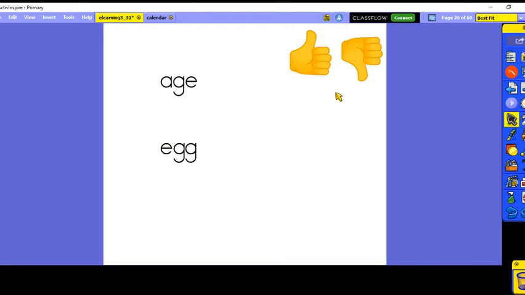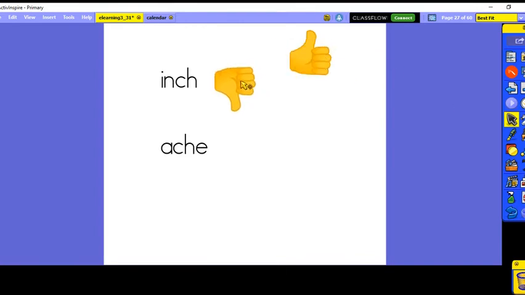Listen for long A. Age, yep, I hear A in age. Egg, no, I do not hear a long A in that one. Inch. No long A. Ache. Yes, I do hear long A in ache.